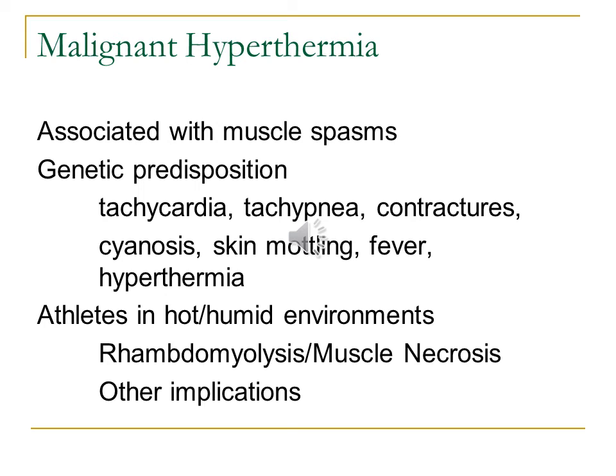That can cause other issues, particularly with the kidneys. It's very common to have possible kidney failure and destruction of the kidneys because of the proteins leaking into the general circulation. That's something else associated with the whole muscle spasm process.